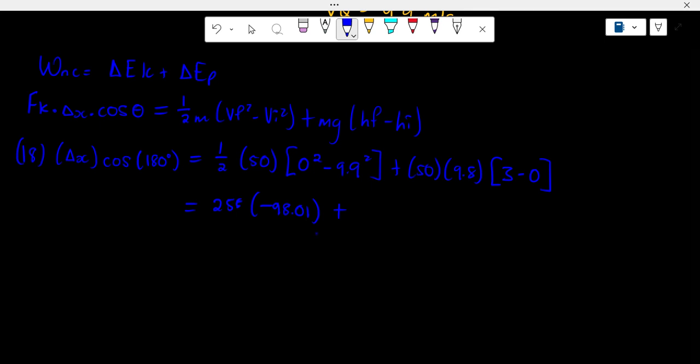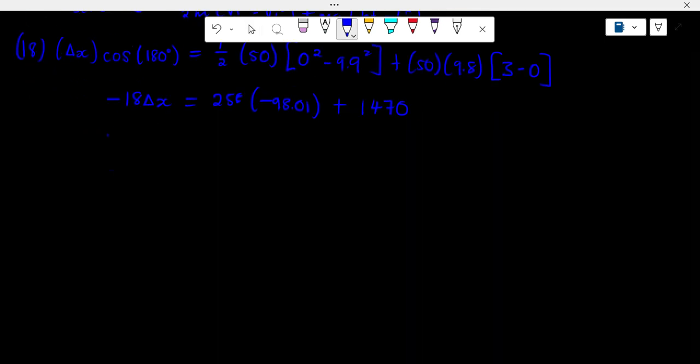That gives me a value of 1470. And on this side here, this is going to give me negative 18 delta x. How did I get that? Remember that cosine of 180 is negative 1, so negative 1 times 18 is negative 18. Cool.